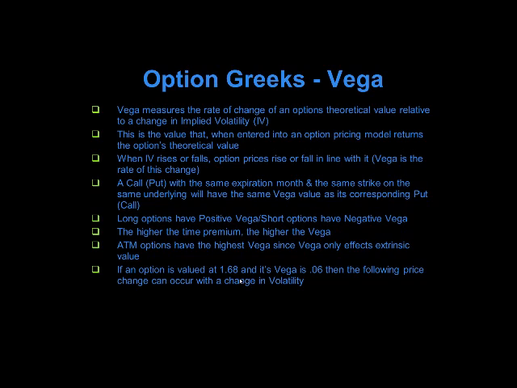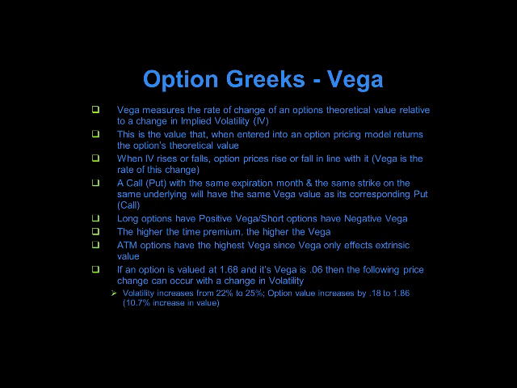So if an option is valued at $1.68 and its Vega is 0.06, what does that mean? Well, for every 1 point change in volatility, the option value goes up or down by the Vega, depending on whether you're long or short. So here's an example. Volatility increases from 22 to 25%. Very common in an underlying stock. Very common.